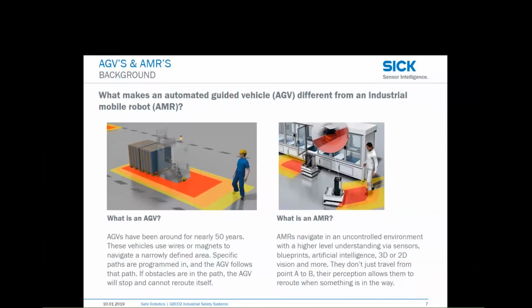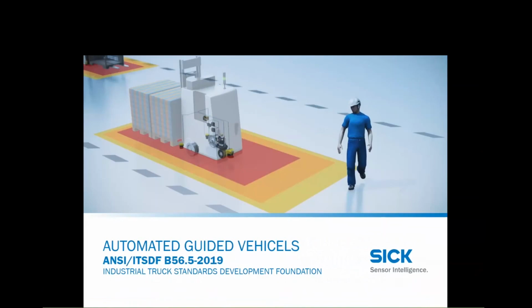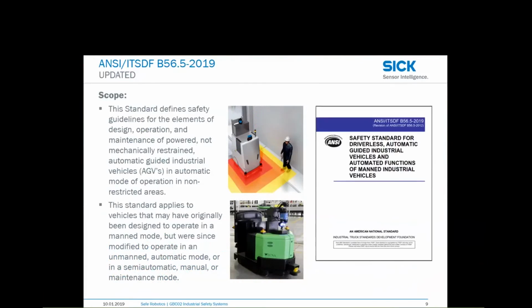So the difference leads to differing methodologies for ensuring safe operation. And therefore, we want to really look at how we might go about doing that. So let's talk about traditional automated guided vehicles covered by the B56.5 standard. This standard has seen numerous revisions over the years, and the current edition, the 2019, that was just released, very similar to the past, contains the guidance for both the end user. This is found in Part 2 of the standard.